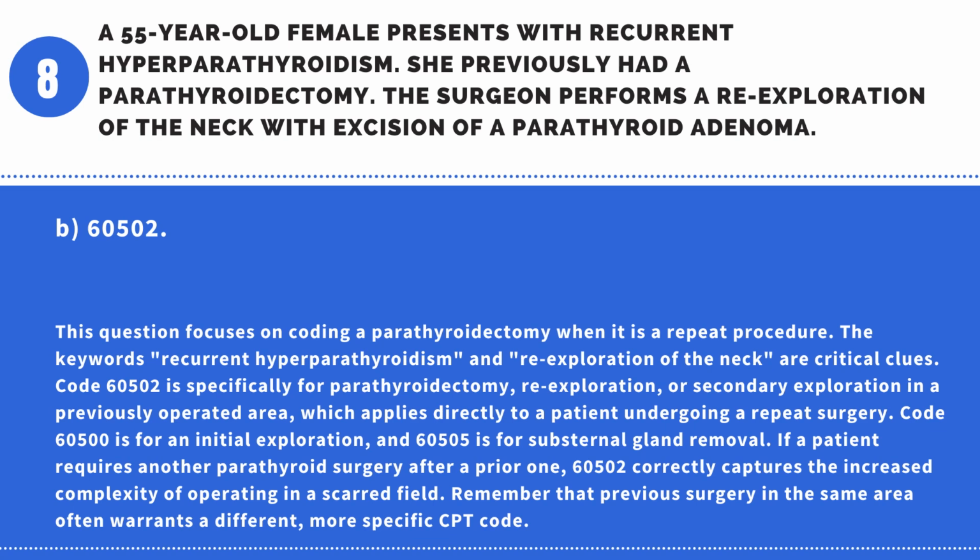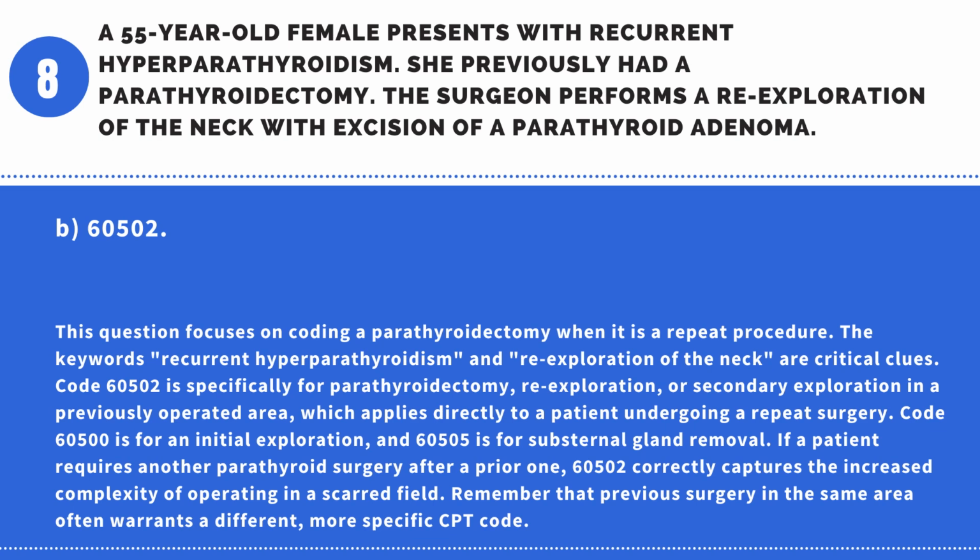60502. This question focuses on coding a parathyroidectomy when it is a repeat procedure. The keywords recurrent hyperparathyroidism and re-exploration of the neck are critical clues. Code 60502 is specifically for parathyroidectomy, re-exploration, or secondary exploration in a previously operated area, which applies directly to a patient undergoing a repeat surgery.